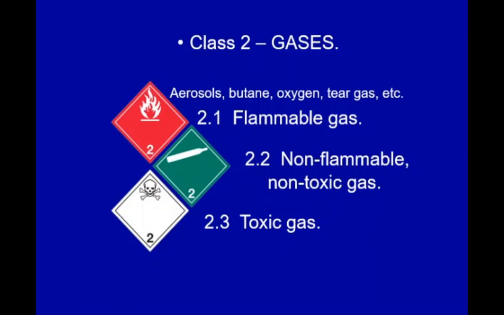The flammable gas with flame at the top and the class stated at the bottom. The non-flammable, non-toxic, you see this in oxygen canisters. It's green with the symbol on there, and the plain white with the death bone thing represents toxic gases. So these are the 3 divisions of class 2 gases. Note how they are called gases.